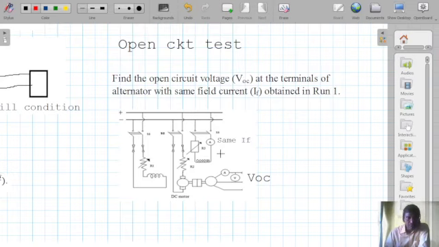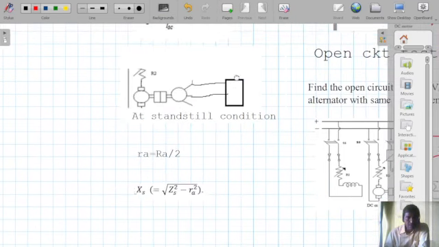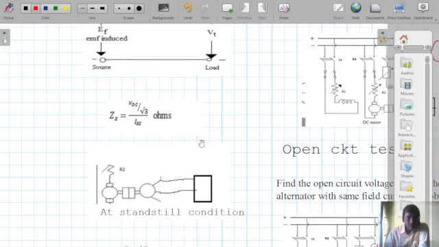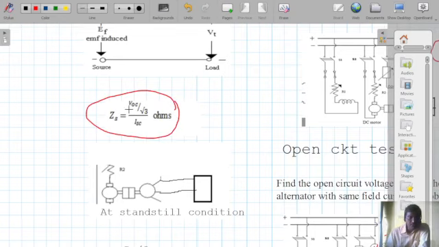For the same field current, we have to note down the line to line voltage. Now with a very simple formula we can get the magnitude of the synchronous impedance. So that is the per phase one. That's why it is VOC divided by root 3 times IA. Okay.